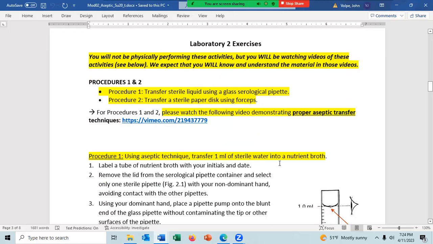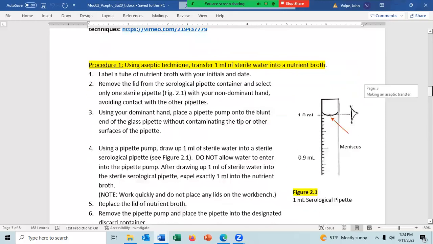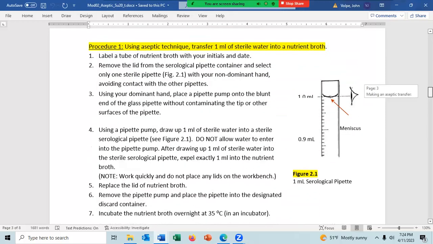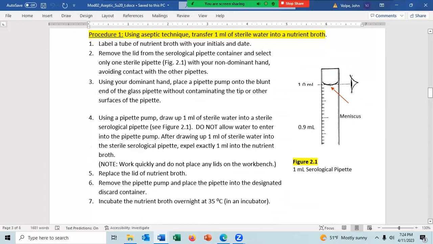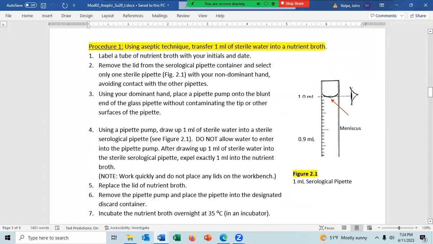In procedure 1, you're going to be using aseptic technique to transfer 1 ml of sterile water into a tube of nutrient broth. Now, when you're measuring water, and actually anything in a pipette or in a cylinder, the liquid will not go across flat.